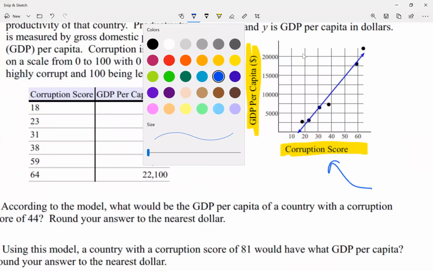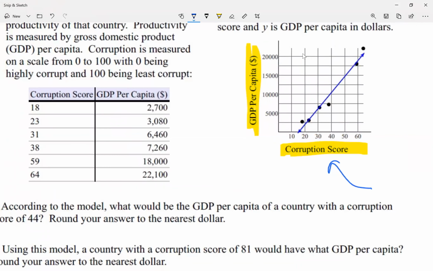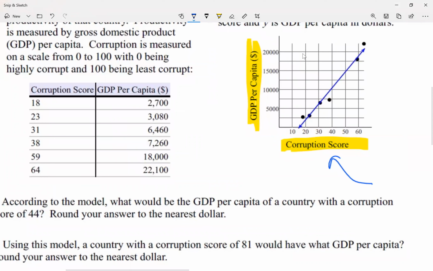That's about here, and I'm going to draw a line at 44, right there. I want to see where I reach the line.